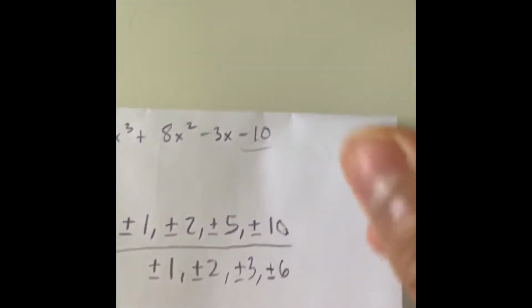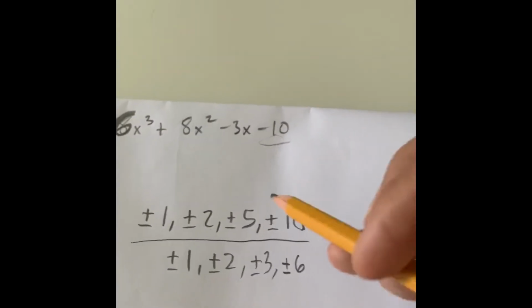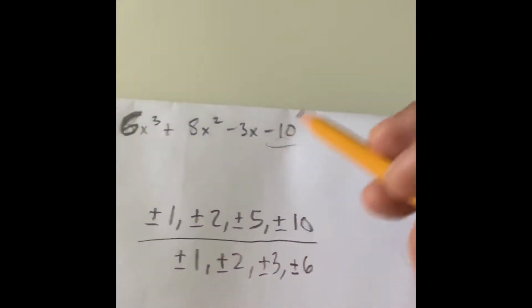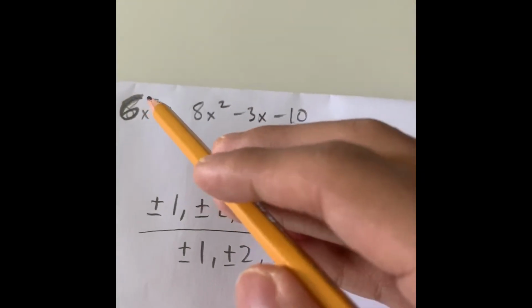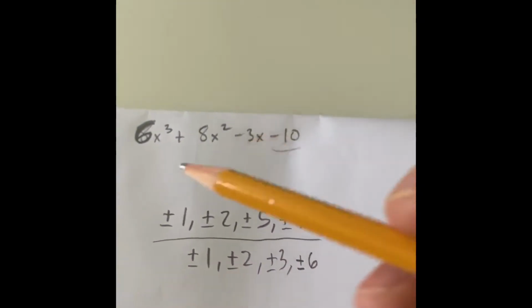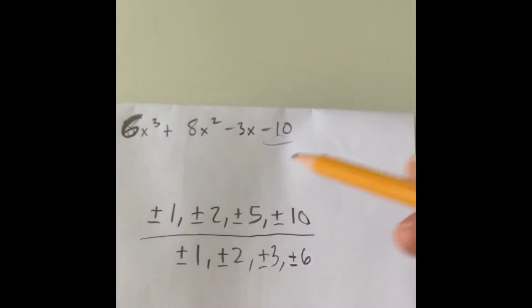The factors of 6 are plus or minus 1, plus or minus 2, plus or minus 3, and plus or minus 6. These are the factors of the last term, and these are the factors of the coefficient of the first term. So now we divide them by each one.